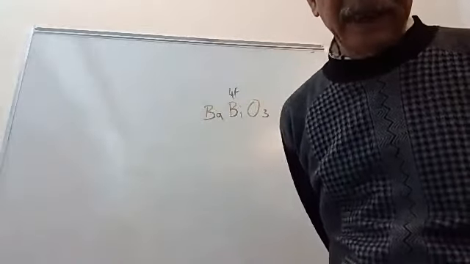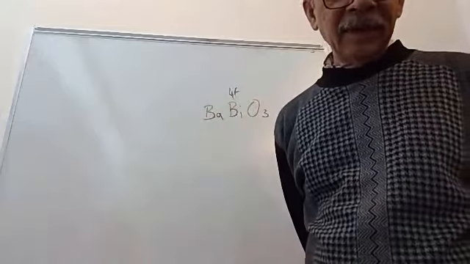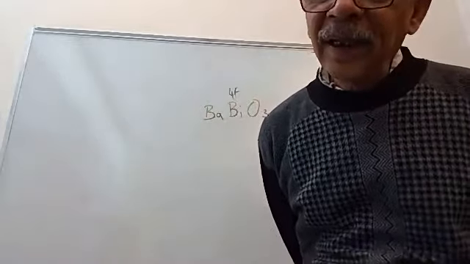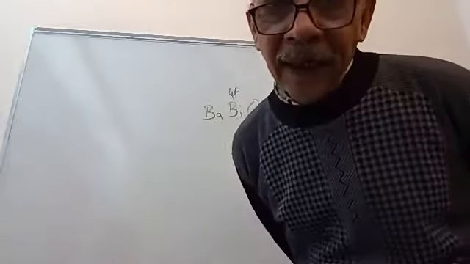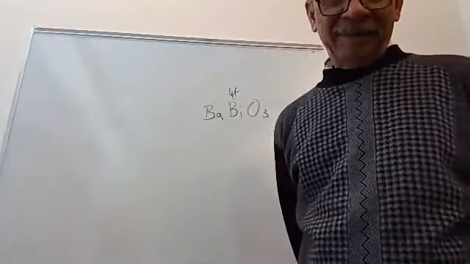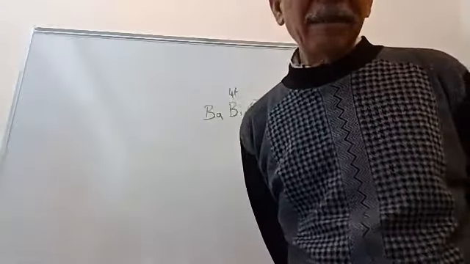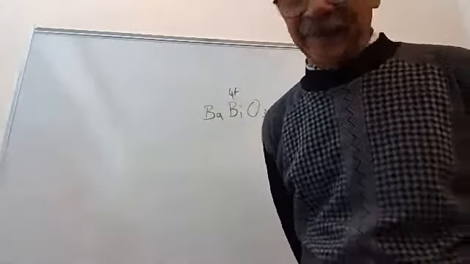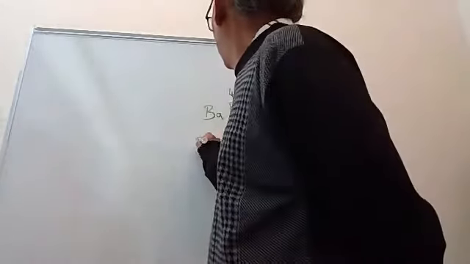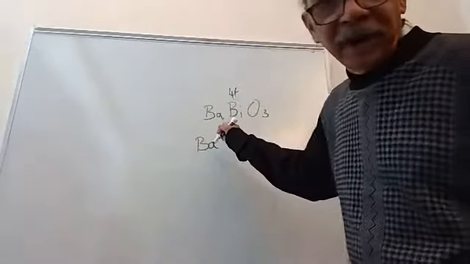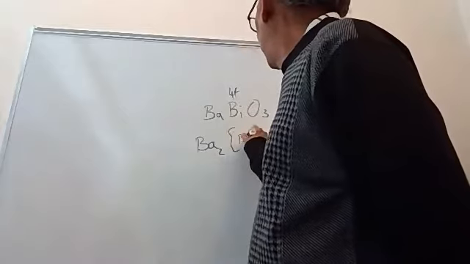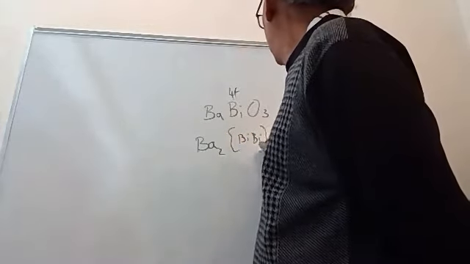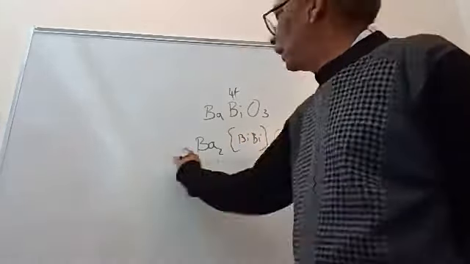It was a pure compound. Are we violating the inert pair effect here? Apparently, that is not what is happening here. What happens here is very interesting. If I double the formula, we have Ba2 and 2 bismuth here and oxygen 6.